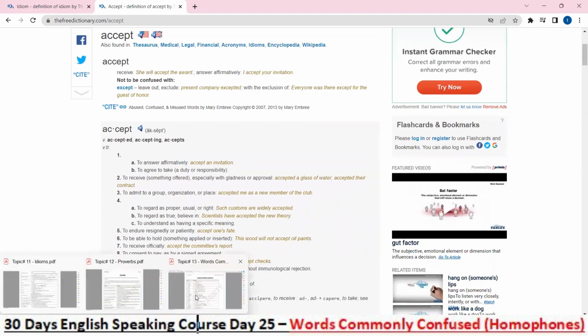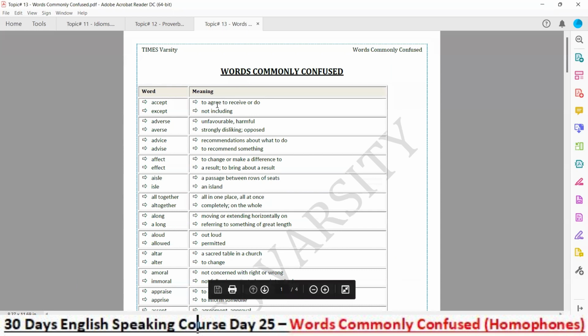Now we will look at what we have: to agree to receive or to agree to do. That is accept.